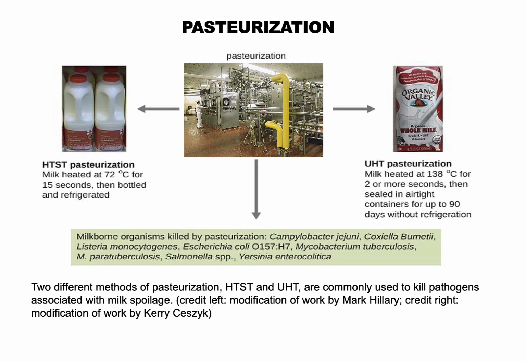Another method, ultra-high temperature, UHT, pasteurization, involves heating milk to 138 degrees Celsius for a minimum of 2 seconds, allowing it to be stored long-term in sealed containers without refrigeration. However, this method alters the proteins in the milk, which can affect its taste and smell. UHT pasteurization is particularly beneficial in areas with limited access to refrigeration, making it a practical choice for extending shelf life.